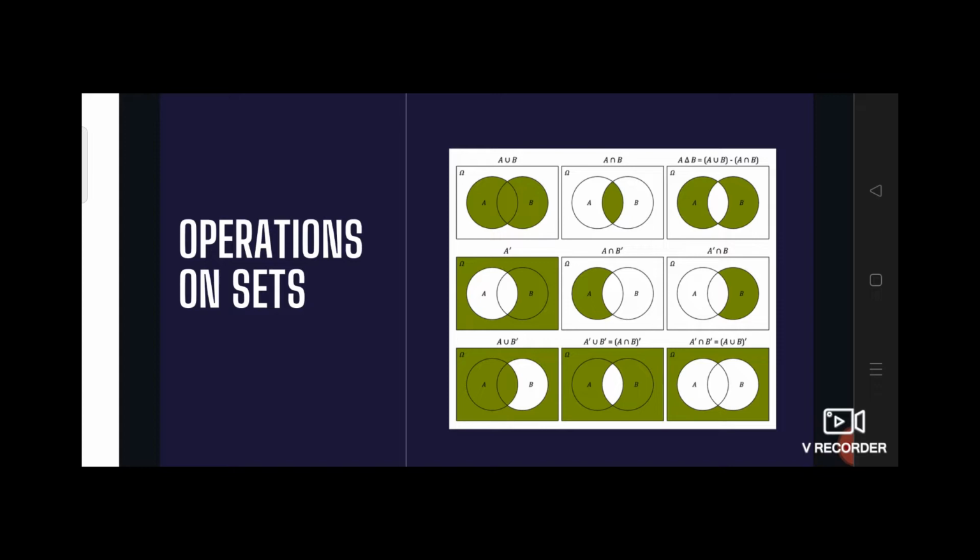So these can also be verified easily by working on the Venn diagrams, the shaded regions and all.